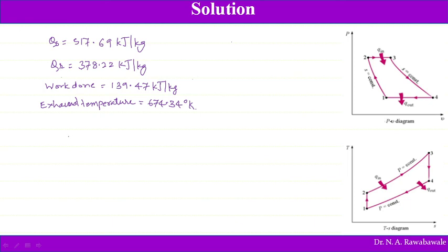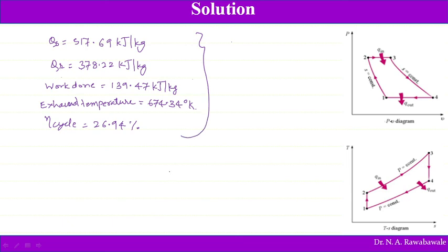These are the things which were asked. Efficiency of cycle is 26.94%. So these are the things which were asked to us to find out.